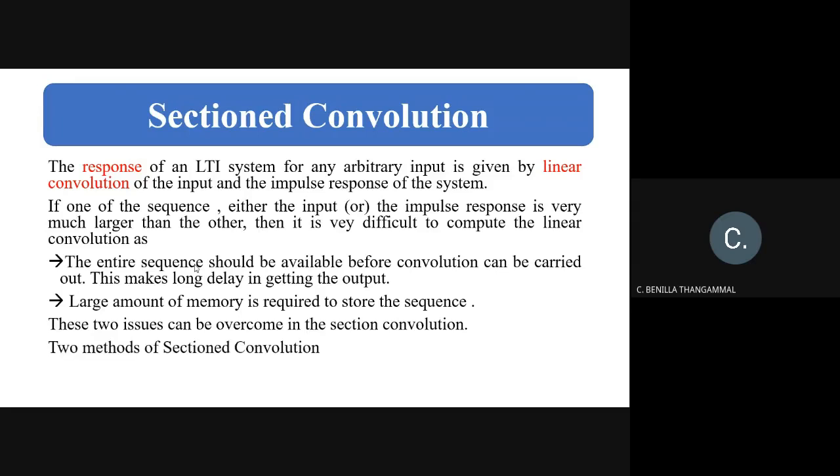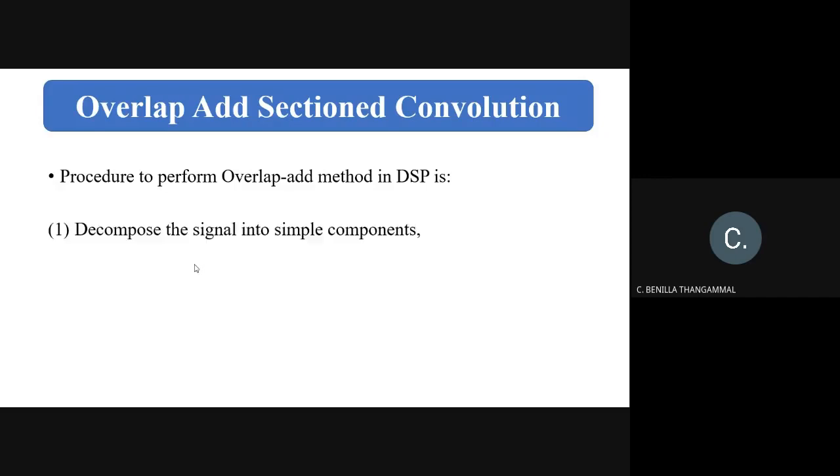So two methods of section convolution are the overlap add and overlap save methods. First we can see the overlap add section convolution. Here we have to follow three steps. One is you have to decompose the signal into simple components, as the name overlap add section convolution suggests.